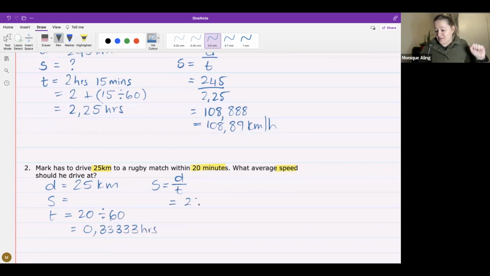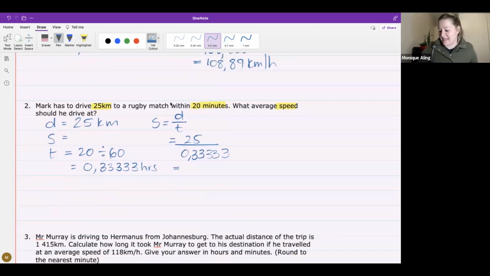So when you're working out, it's going to be 25 over... Which, well done. Those of you that kept your decimal places in your working out will see that it gives you exactly 75 kilometers per hour.